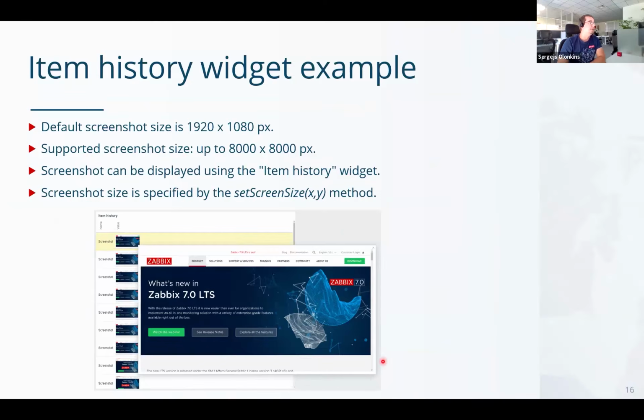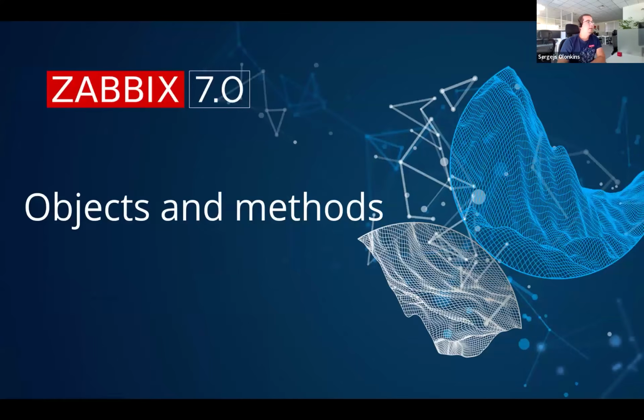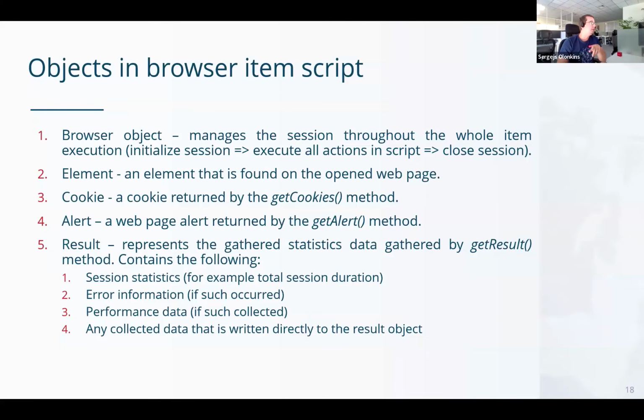In order to get a better picture of what actually can be done by the browser item, it would be good to go through all the objects and methods that this item can operate with within its script. So the browser item actually operates with 5 main objects.